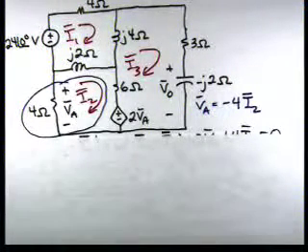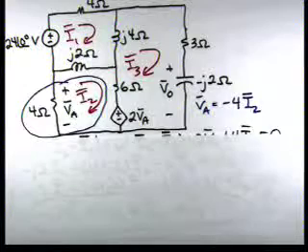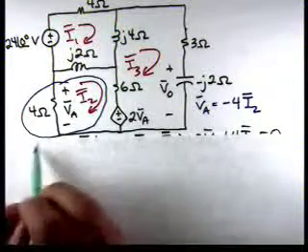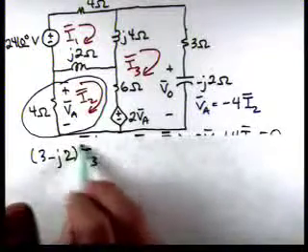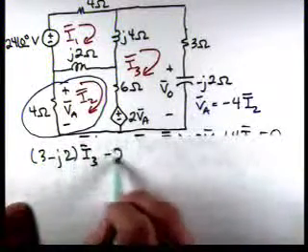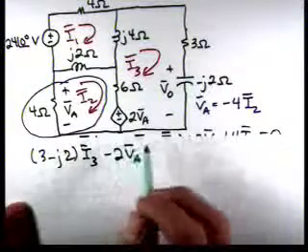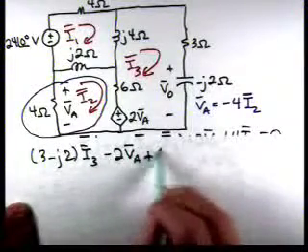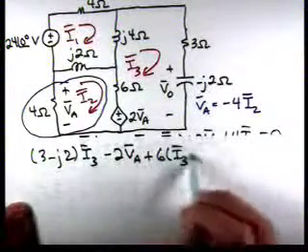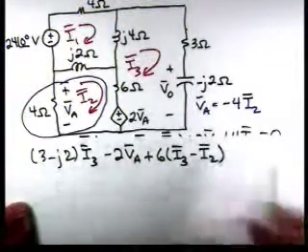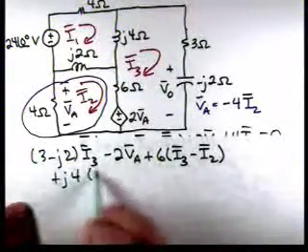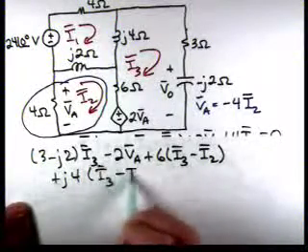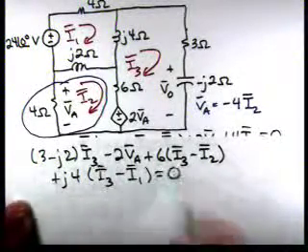We'll have (3 minus J2) I3 minus 2 VA plus 6 times (I3 minus I2) plus J4 times (I3 minus I1) equal to 0.